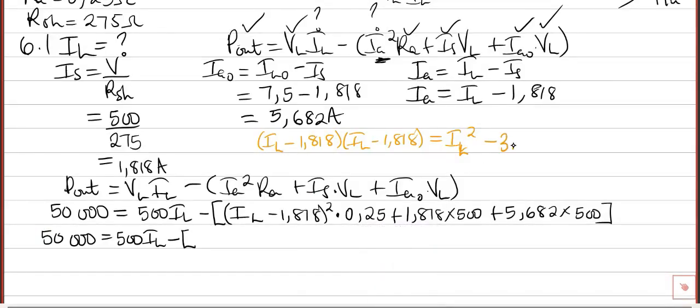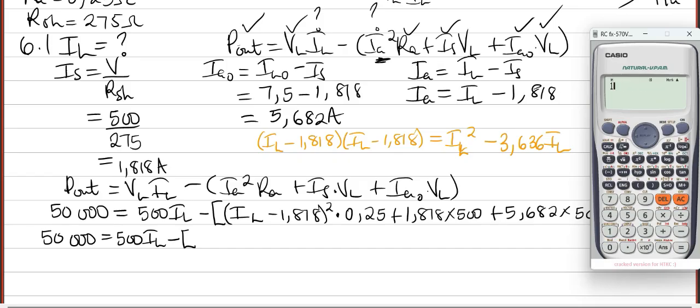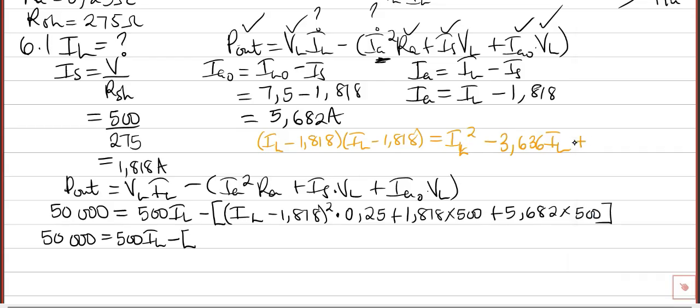3,636 IL. Then you multiply these two at the end. So I have 1,818 times 1,818, 3,305 plus 3,305 there.